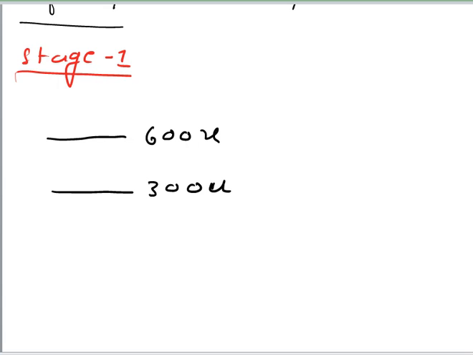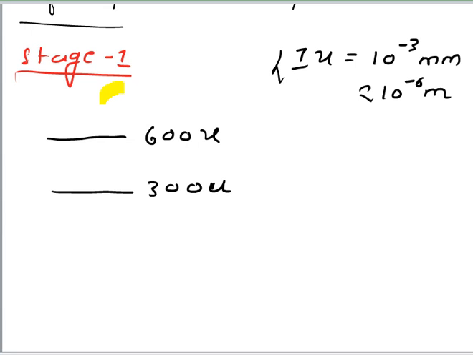What is a micron? 1 micron equals 10 to the power minus 3 mm, approximately 10 to the minus 6 meter. Now pour the sand sample over this.